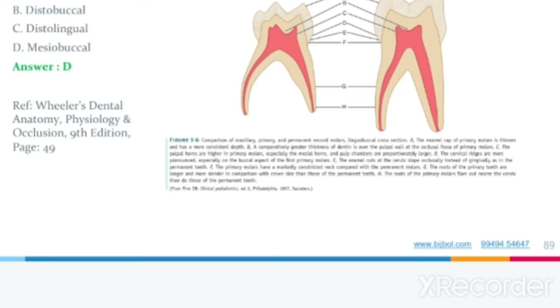This flaring out is due to the accommodation of the tooth bud of permanent teeth or successor teeth.